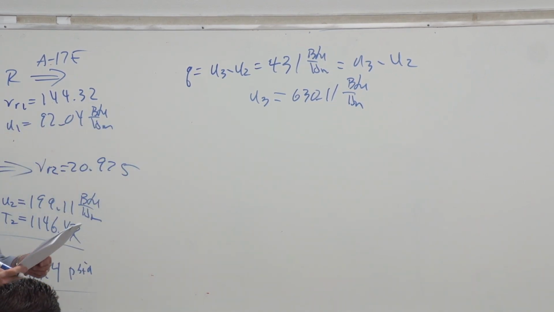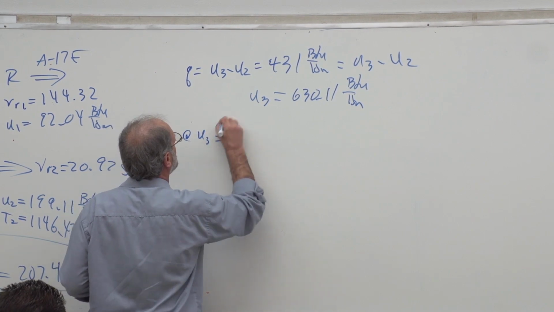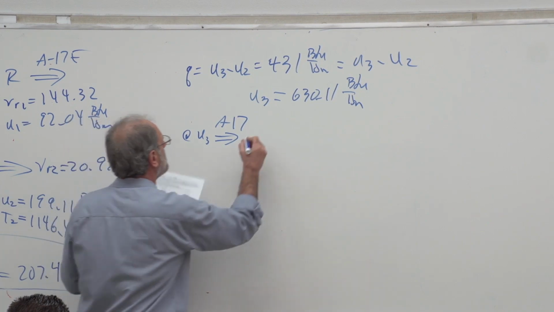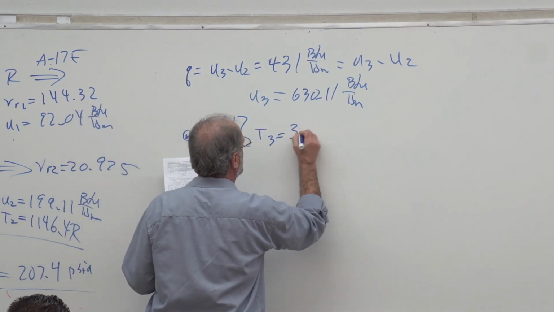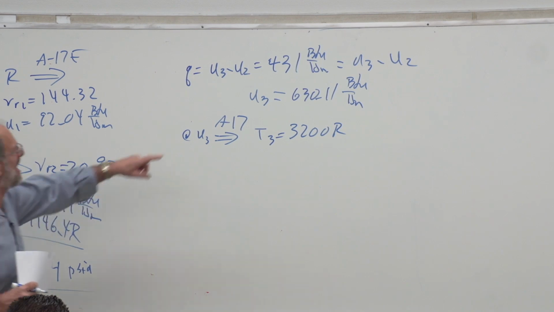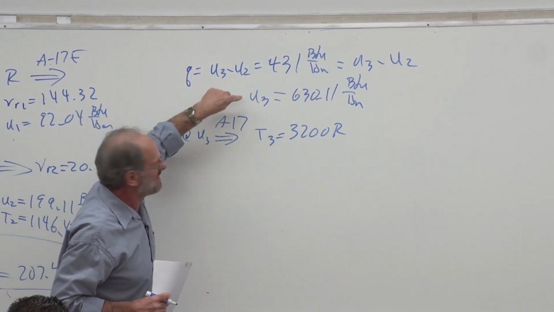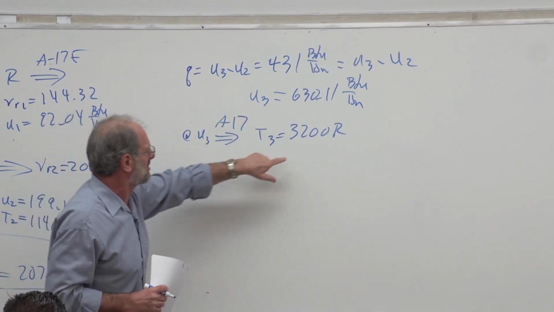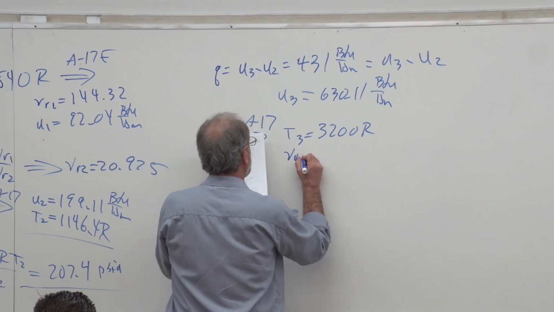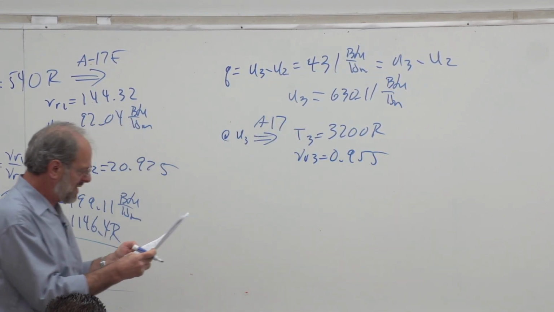And now that we have this, we can go back into our table, this time at U3, and we can look up the temperature. So T3 is almost exactly 3200 Rankine. In fact, that's why I picked such an odd number for the heat input, just so that we would be able to go right into the table at U3, no interpolation required, and just read out the data directly. We also find that VR3 is 0.955 at this particular point.